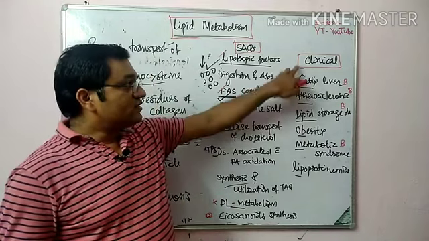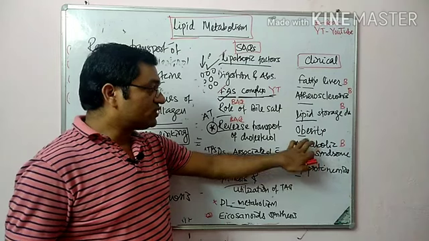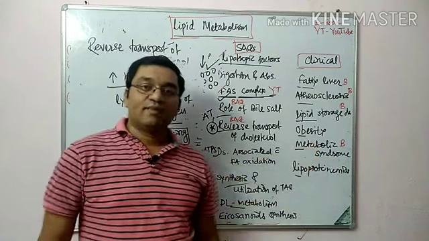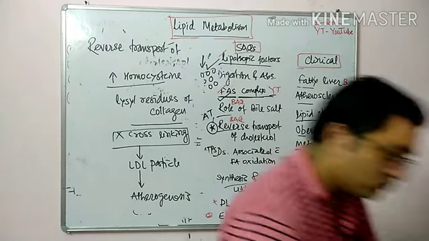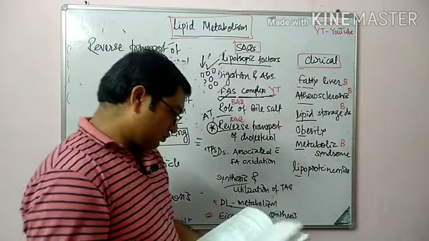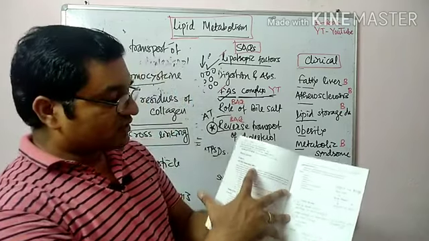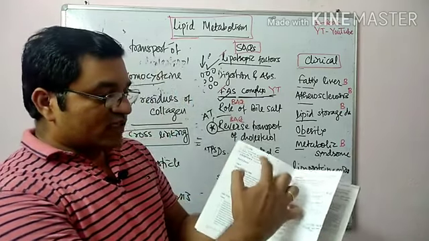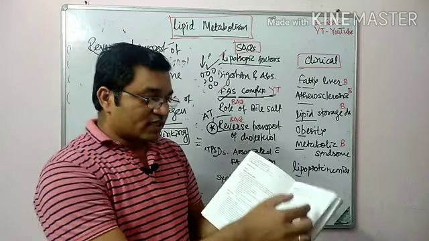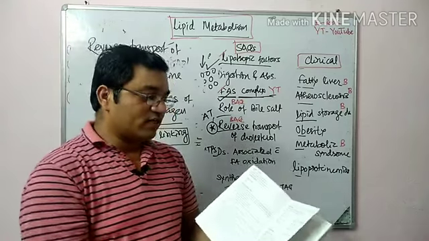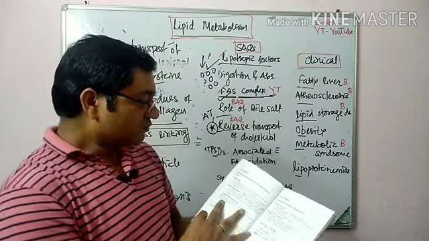These are the important cases: fatty liver, atherosclerosis, lipid storage disorders, obesity, metabolic syndrome, and lipoproteinemias. In this book, it is given. Fatty liver is discussed here: the meaning of fatty liver, causes, cases, stages, treatment, and names of lipotropic factors.